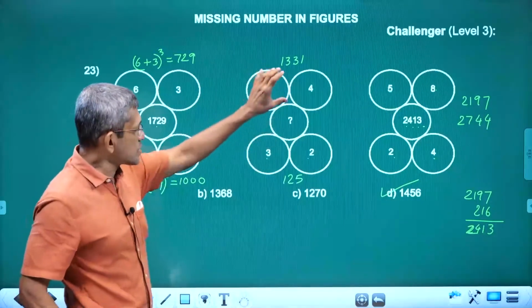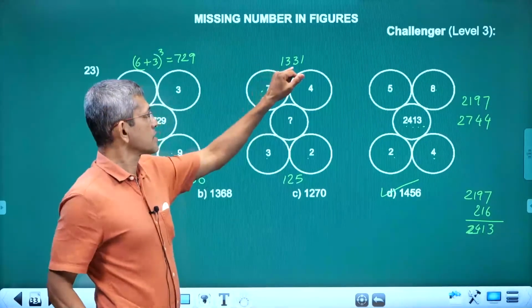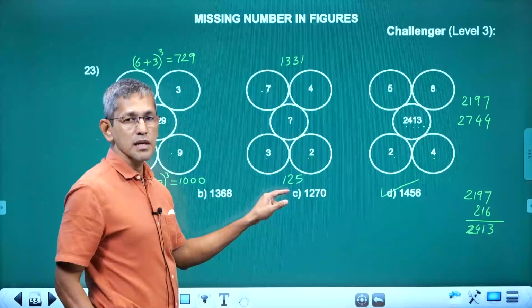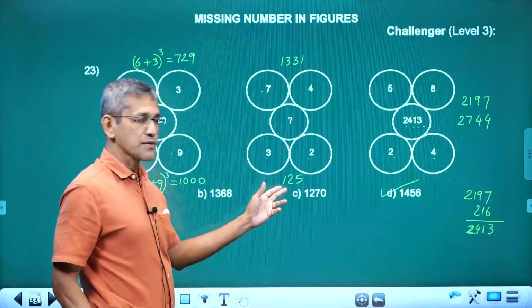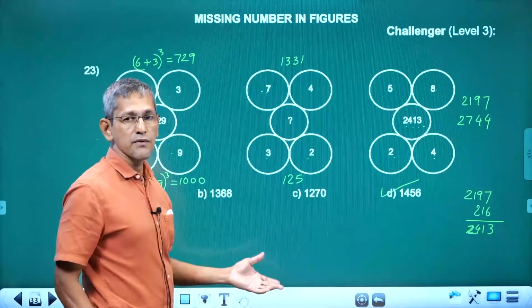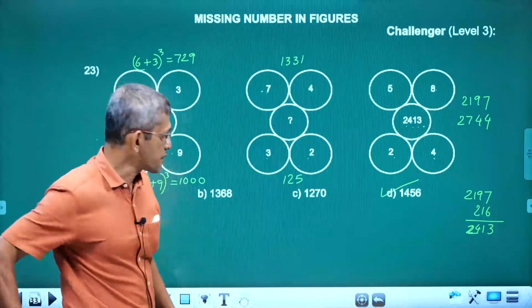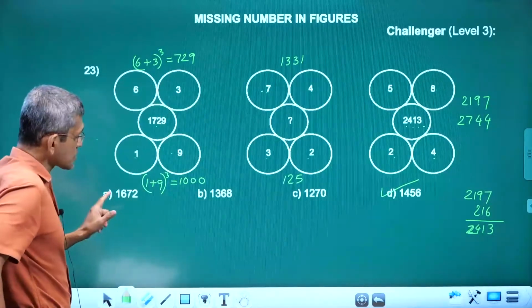So in these kinds of situations, you don't need to really add those numbers. What you have to do is, we have 1331 and approximately 100, since 125 is approximately 100. So 1331 plus 100, 1431, and the figure is something like 25 more than that. Is there any number close to 1431?